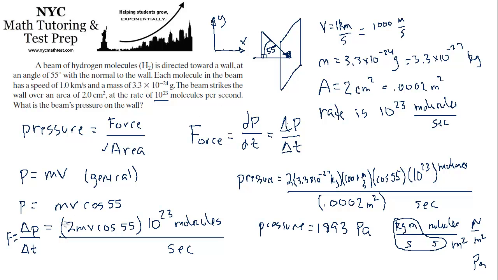If you think about 2 mv cos 55, that's the momentum per molecule. So we could say that this whole thing is the momentum per molecule. And then we multiply that by the number of molecules per second, and we could lose molecules at that point, so that it's not even here by the time we get to this point. So newtons here, meter per meter squared here, newtons per meter squared is a pascal. Pressure, final units, is in pascals.